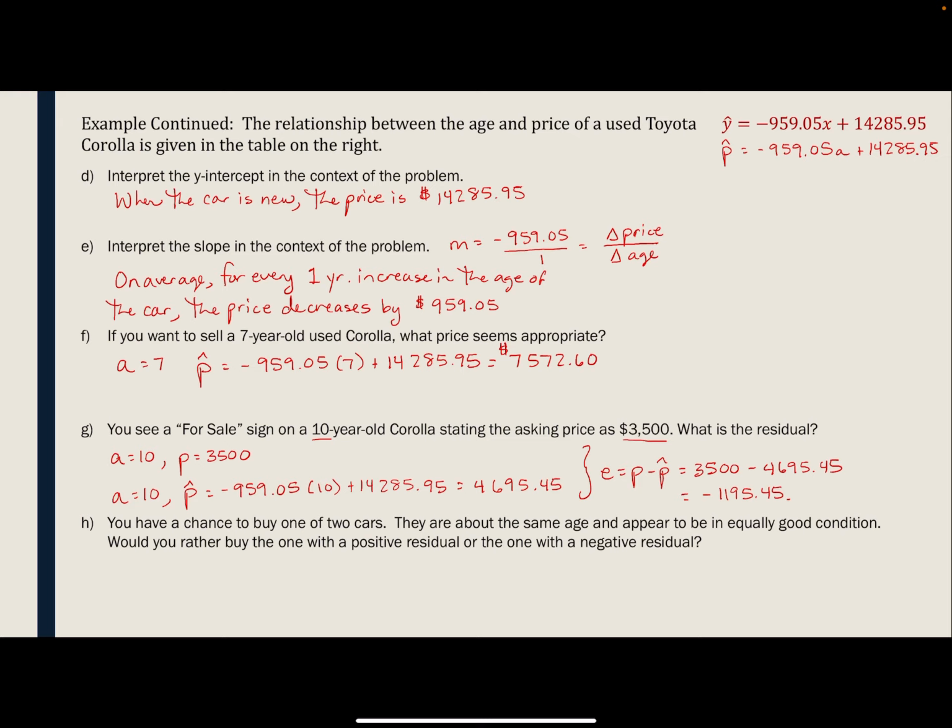Whereas with a negative residual, you're paying less than what's predicted. What was observed is smaller than what was predicted, which is what happened in G. So I would want to buy the car with a negative residual, because the actual price is lower than the predicted price.